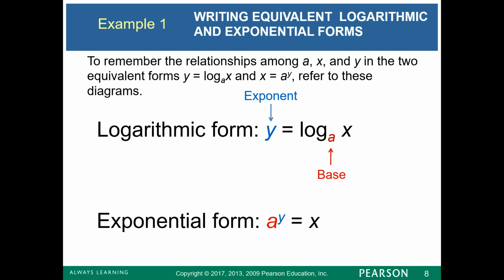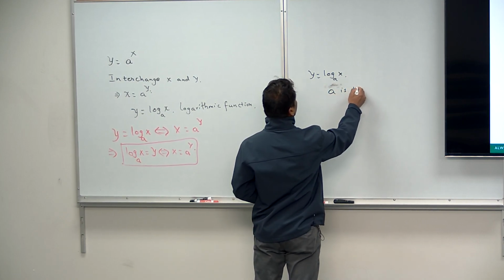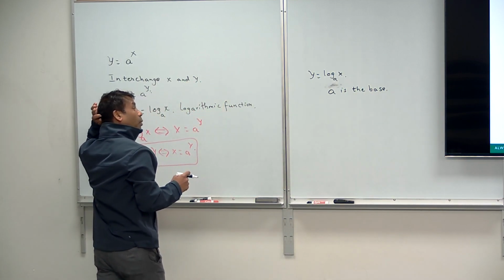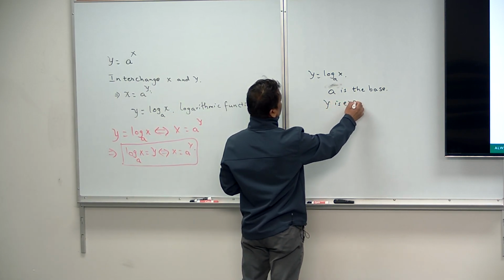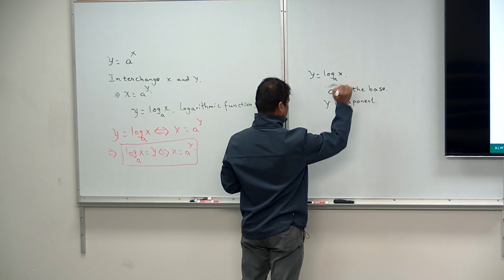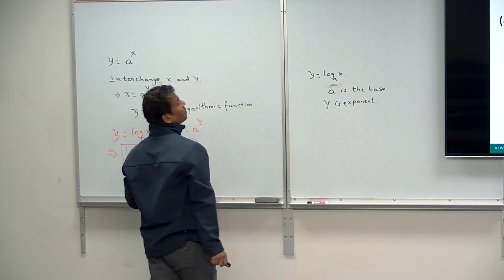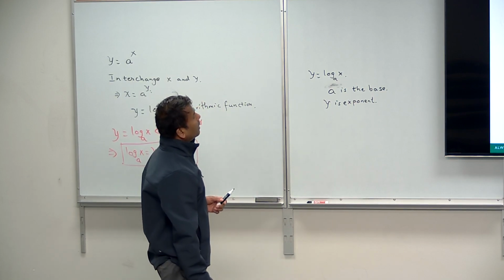If you have y equal to logarithm with base a of x, this a is the base, and then y is the exponent. So you need to know this. And then if you want to solve this, I think we did this equation last time, but let me try the next one, okay?